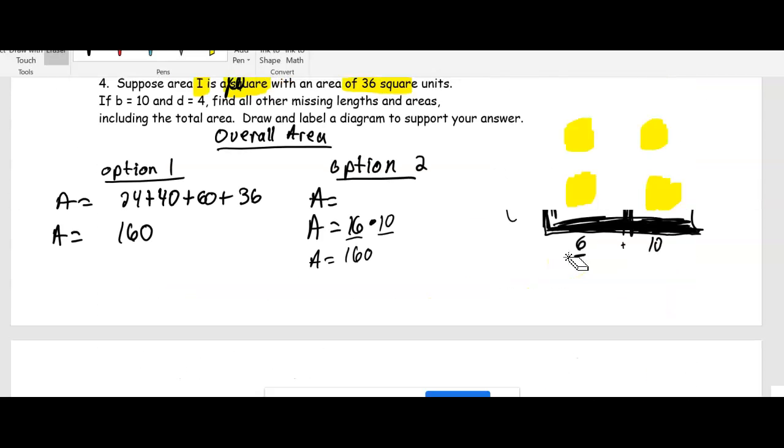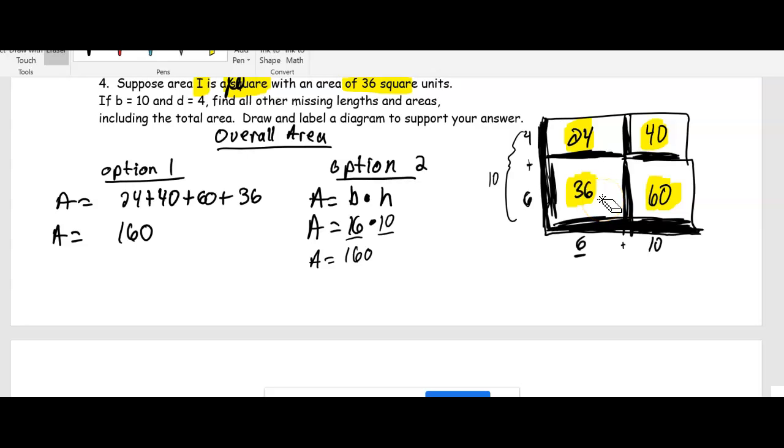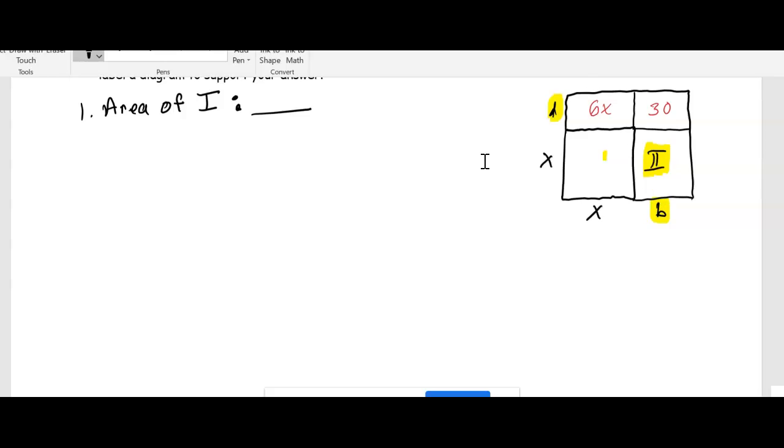Good. So for those last period, a lot of blank stares with this question. So what we did is we revisited this. If I ask you to find this area, this 36, don't we really just do the 6 times the 6? We multiply the base and the height together. So just because there's no numbers there doesn't make this anything different.